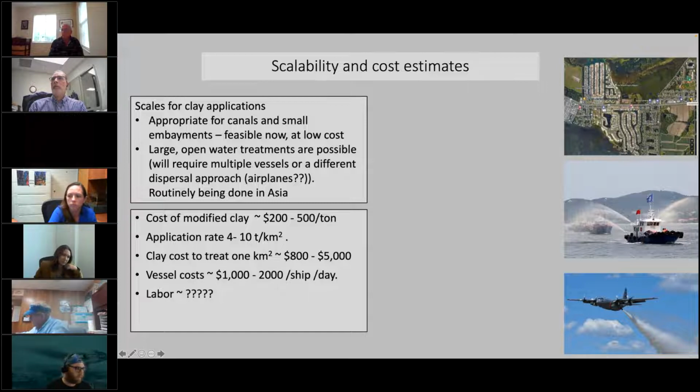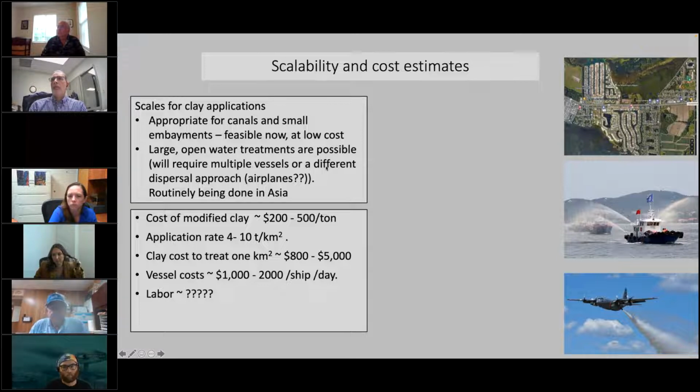I view a cottage industry springing up someday where people would come out and treat a canal the same way they might mow lawns for a neighborhood association, and keep it a livable environment for people that want to use their backyards or their decks. So we're already there. I don't see any problem doing that as long as we could get the approvals, the permits. But large open water treatments are certainly possible.